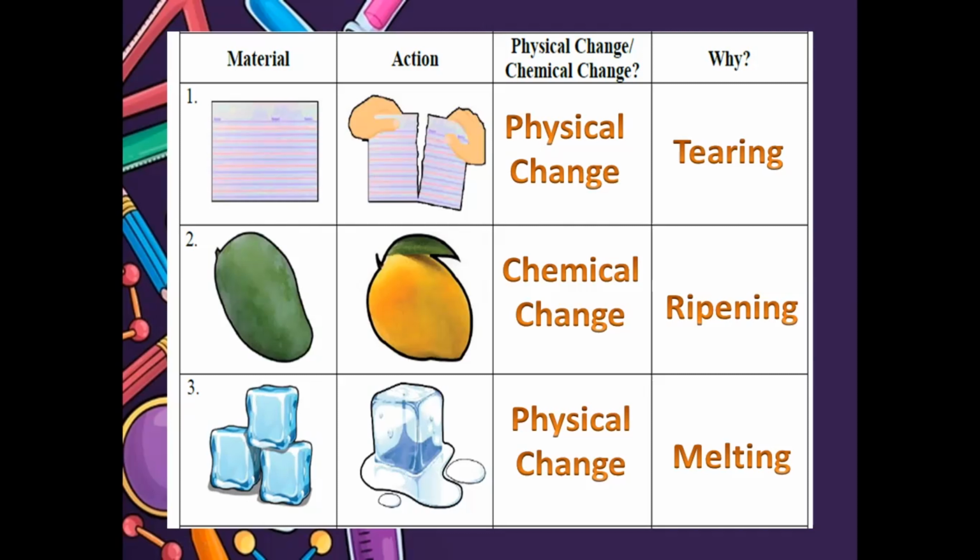Tubig pa rin siya na nanigas, nung natunaw ay tubig pa rin siya. So that is physical change. Walang nangyari dun sa composition niya. Okay, so no matter what, it's melting, ice turns to water, physical change takes place.